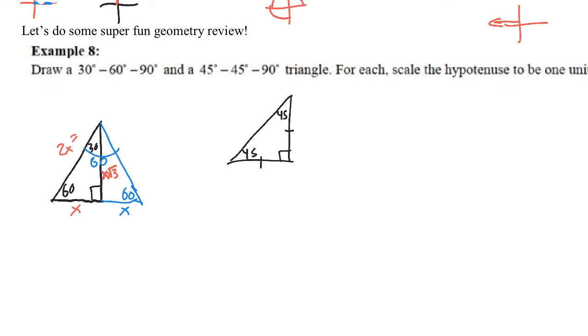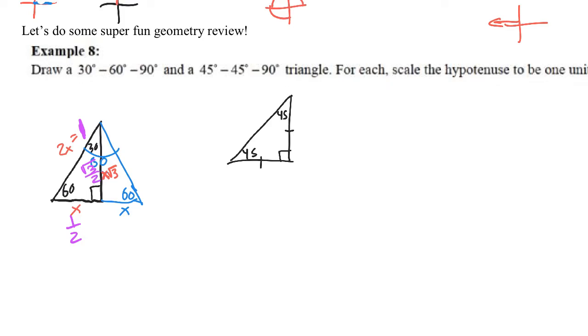Okay, so if this is 1, then if 2x is 1, then x is a half. Okay, so actually let me change colors here. Sorry. Okay, if this is 1, then this is a half, and this is a half root 3, or we could call it root 3 over 2. That got a little messy, sorry.